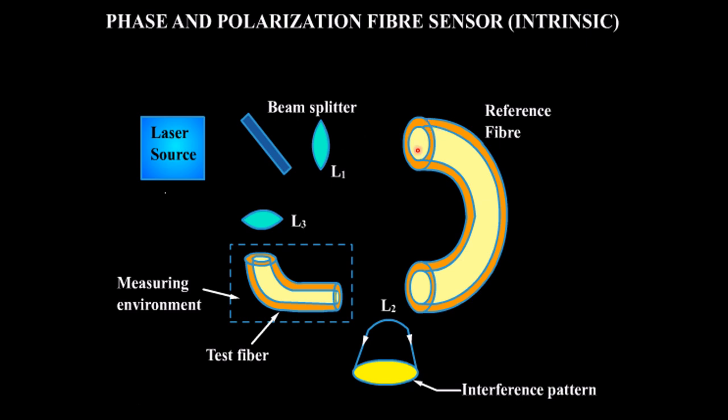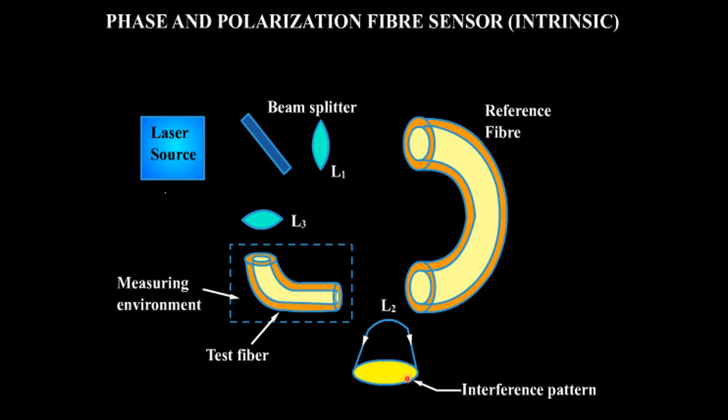And then one more fiber is there, known as the testing fiber, which is going to be placed inside the testing environment. That's why it is known as the testing fiber. Before that, there will be a convex lens in which all the light is converged onto the testing fiber.